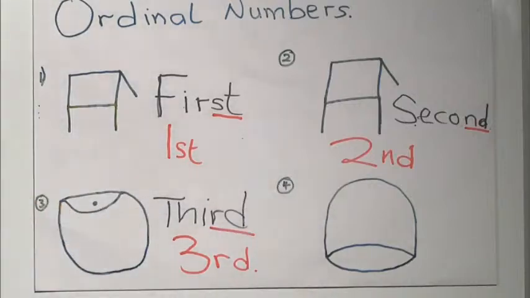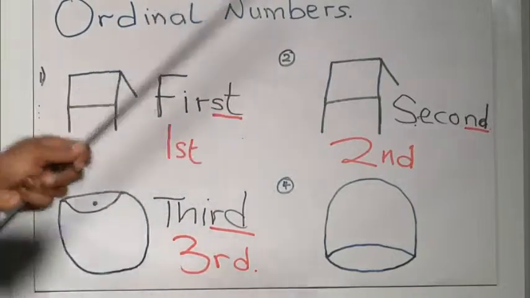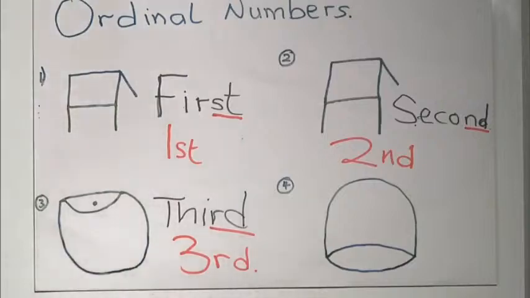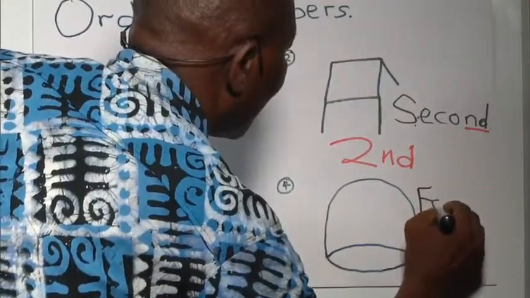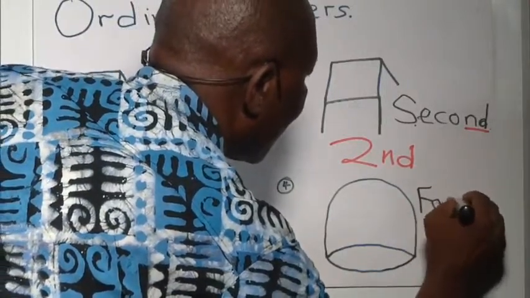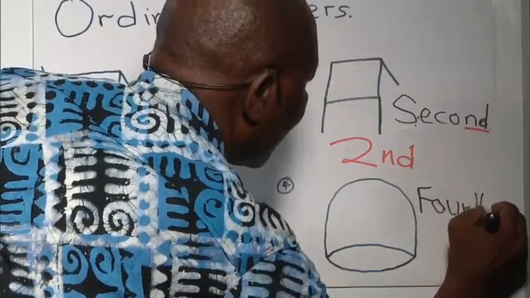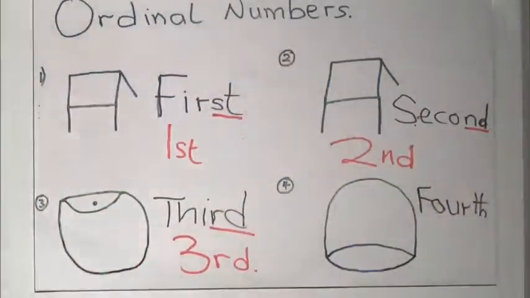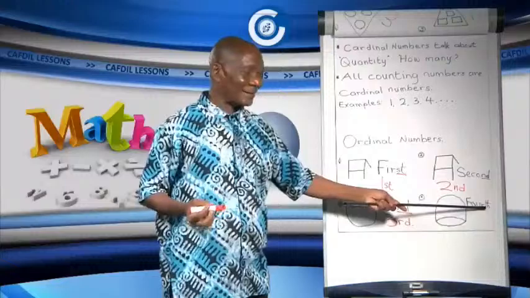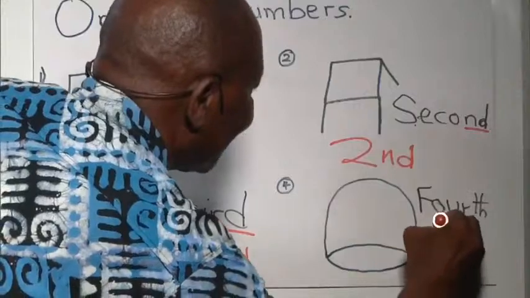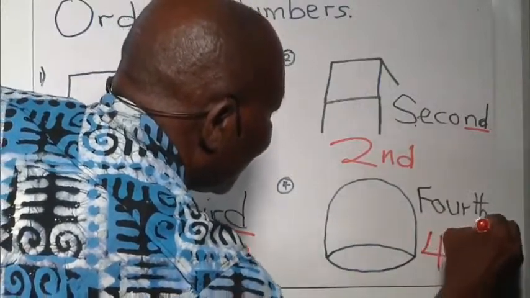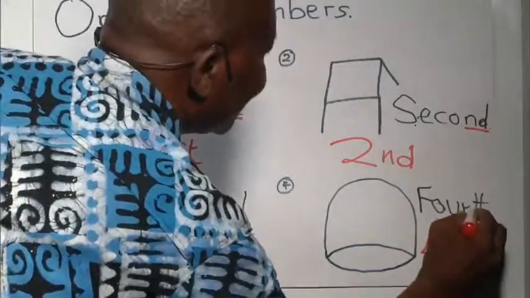The last one, from third we go to where? Fourth. So let's write fourth. That is the fourth. What are the two last letters? TH. So we write fourth as 4th.